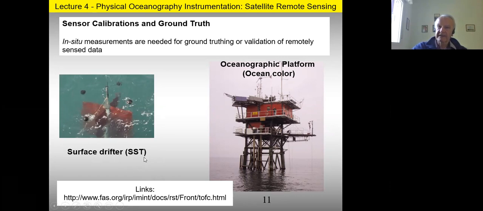Surface drifters, as we know, apart from following currents and being used for surface currents, also measure sea surface temperature. So these sea surface temperature data are used to validate the remotely sensed sea surface temperature data.